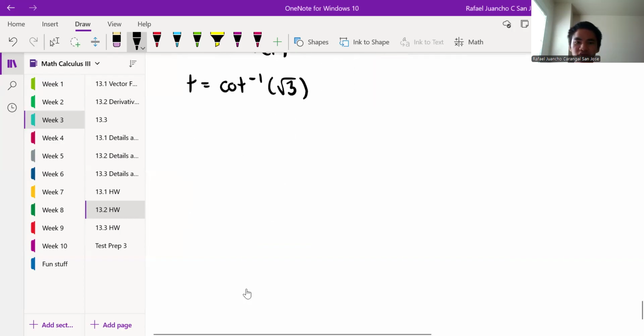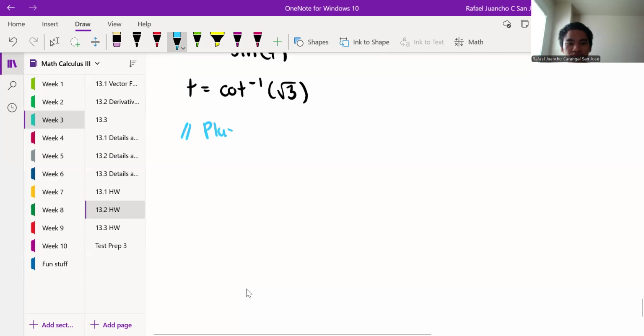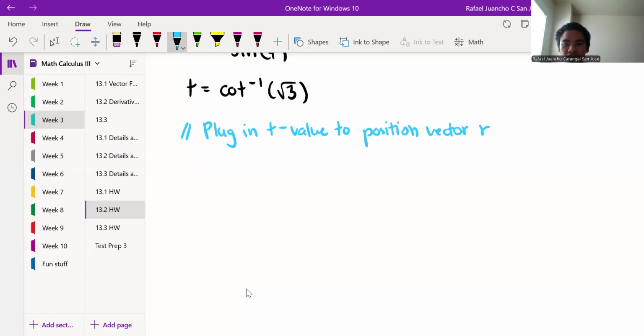So here we have to plug in the t that we know. Now I just plug in the t value to its position vector r of t. And here we go.